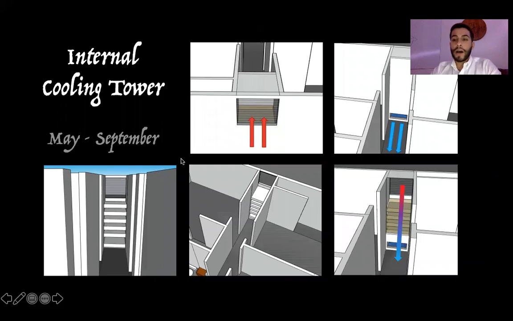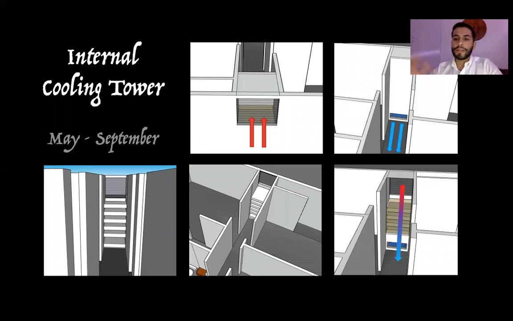So this is my passive feature that I decided to incorporate because there is now a hallway down the middle of the home. Essentially, I decided to incorporate an internal cooling tower. A cooling tower, for those of you that may not know, is a tower that incorporates padding that usually involves water.